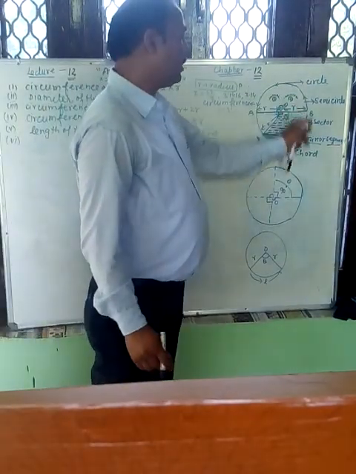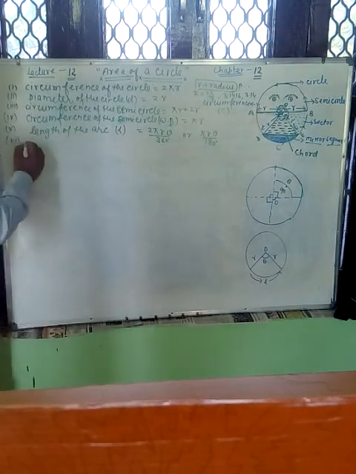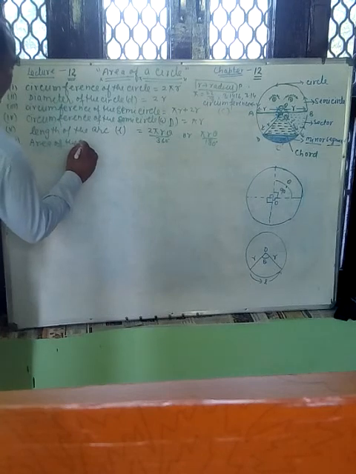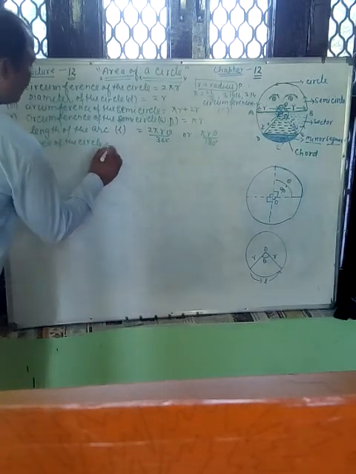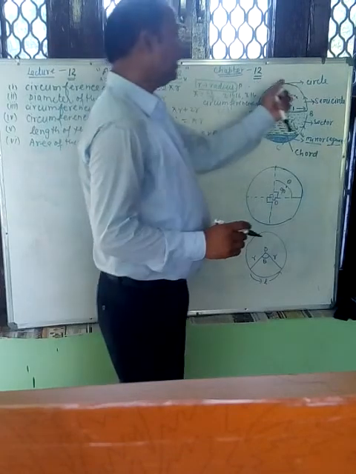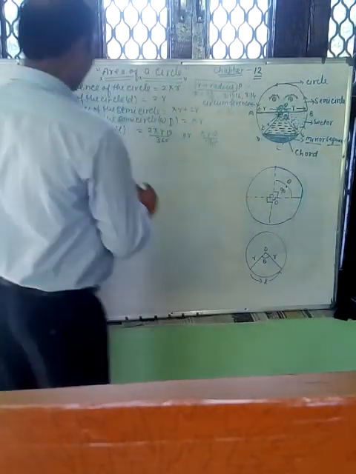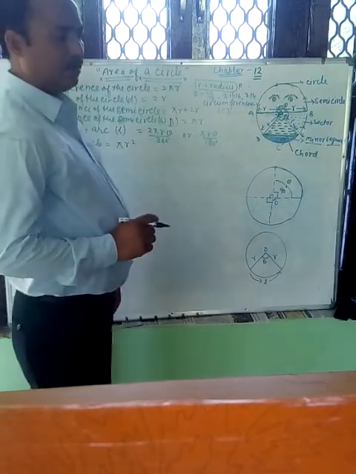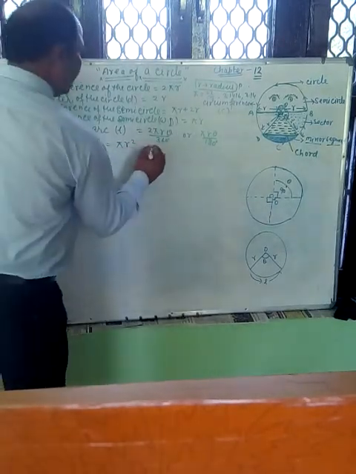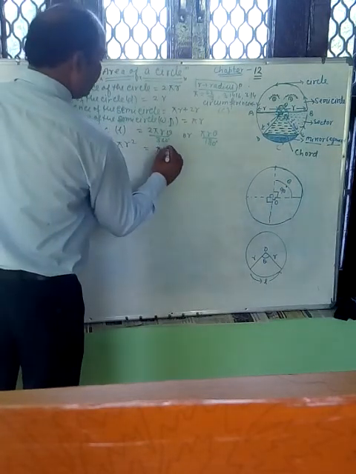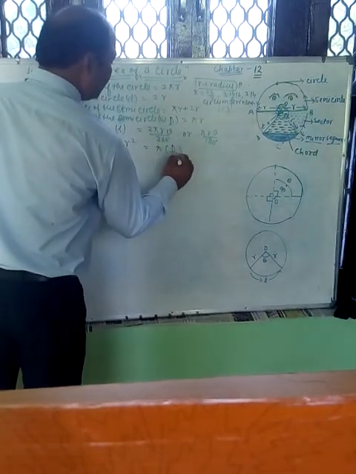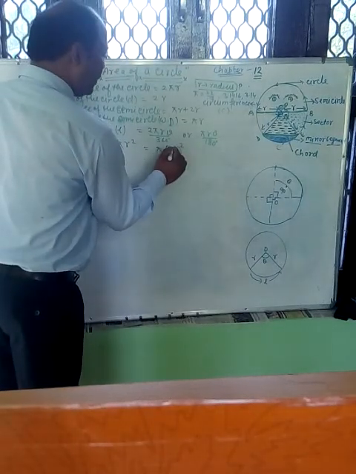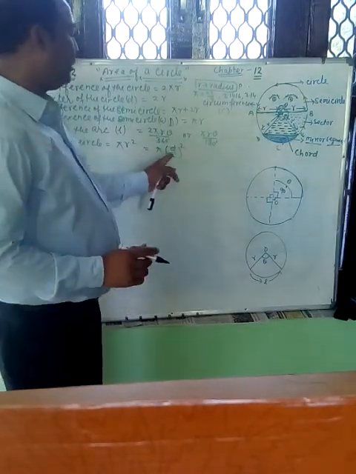Area of the circle. If we want to find the area of the circle, it is pi r square, where r is the radius. Or we can use pi into d upon 2 to the whole power 2, where d, either small d or capital D, means diameter.